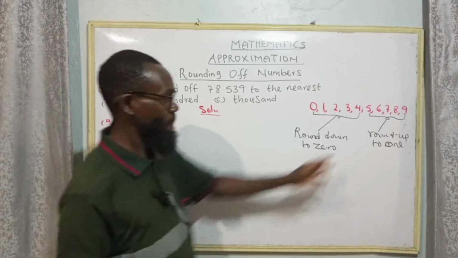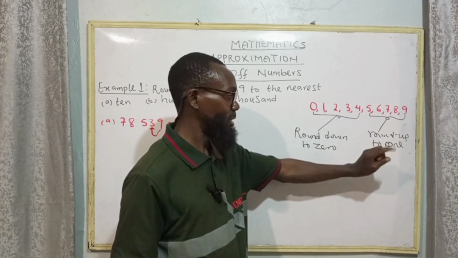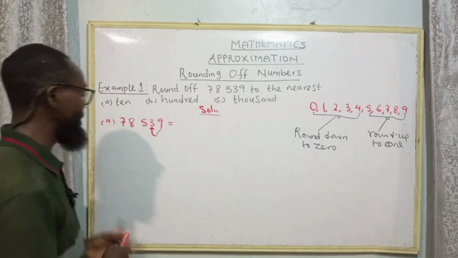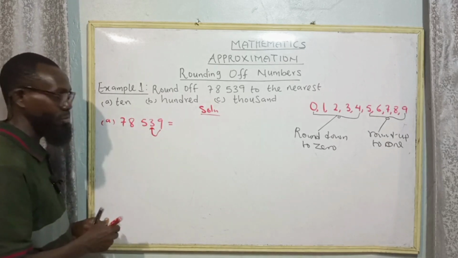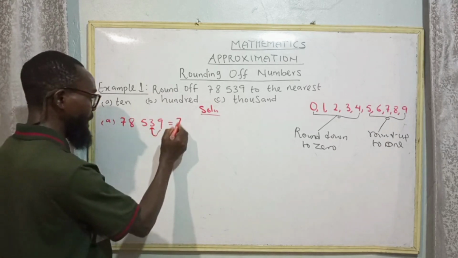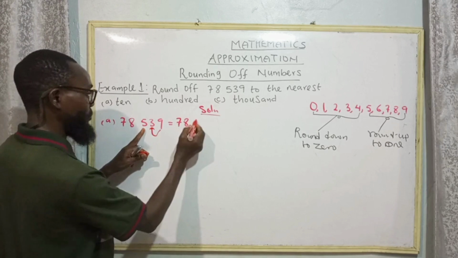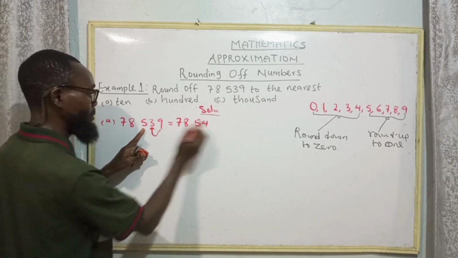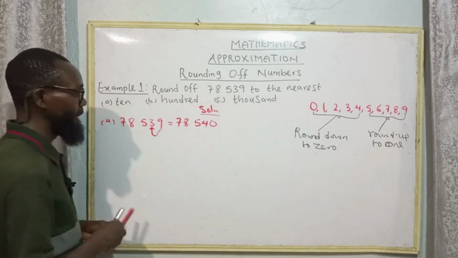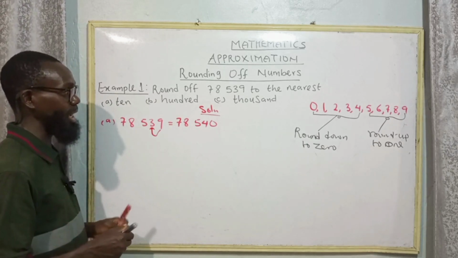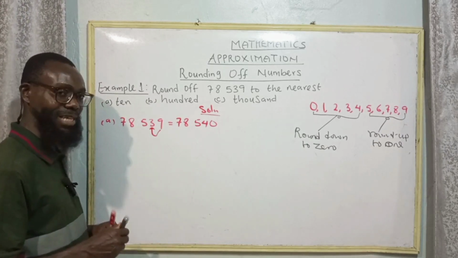Between 5 to 9, you round up to 1. So this 9 becomes 1. Add the 1 to this 3, making 4. So we have 7, 8, 5, 4, then this becomes 0, giving 78540. So this value has been rounded off to the nearest tens.